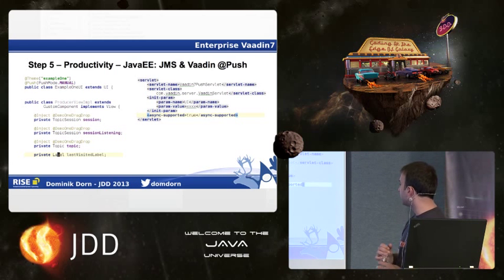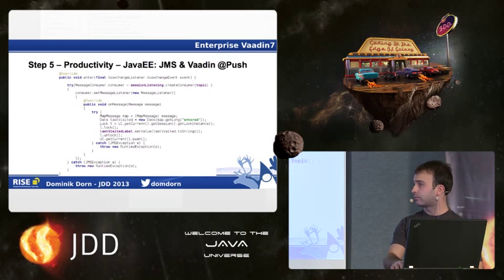The thing you have to keep in mind is that you have to enable the async supported flag in your web XML, and that you have to add the push annotation to your UI. So that's basically what is happening in the demo application.